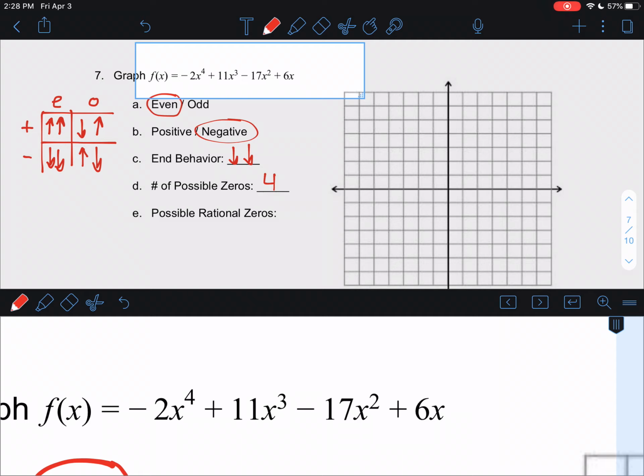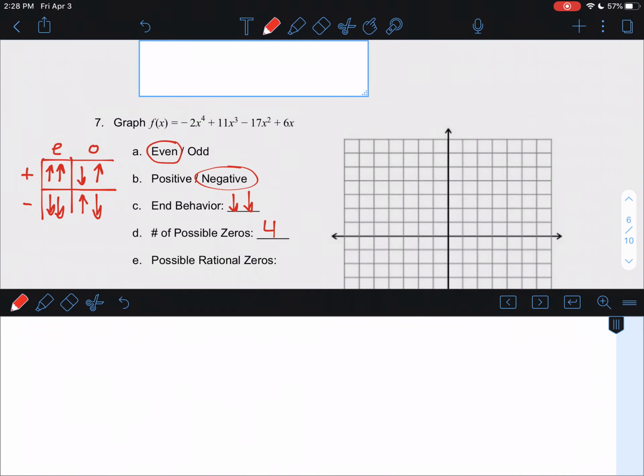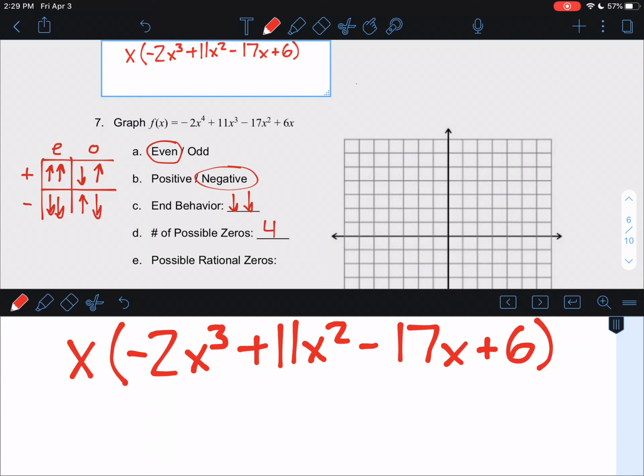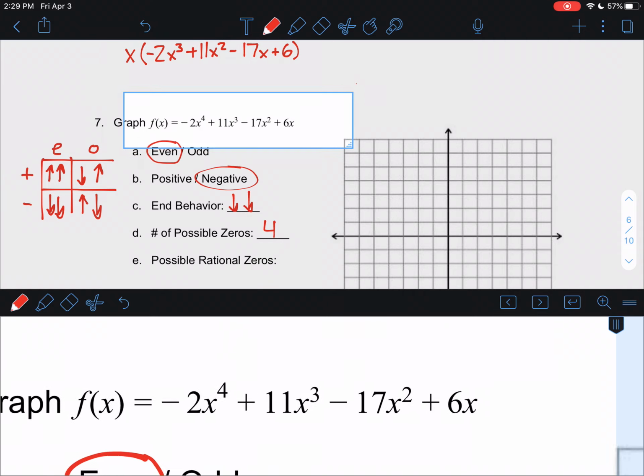Between negative 2x to the fourth and 11x to the third and negative 17x squared and 6x, all of these terms have x inside them, which means I'm going to go ahead and rewrite this as x times parentheses negative 2x to the third plus 11x squared minus 17x plus 6. And if I just distribute that x back in, I get back to this.